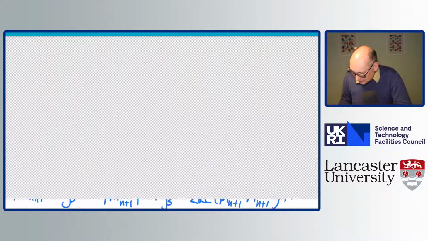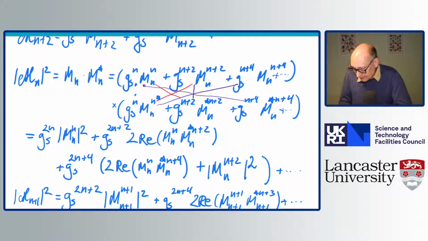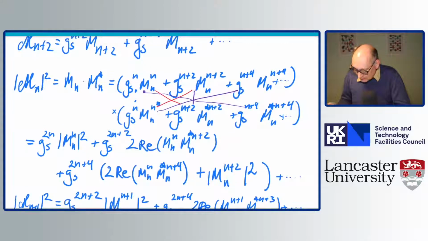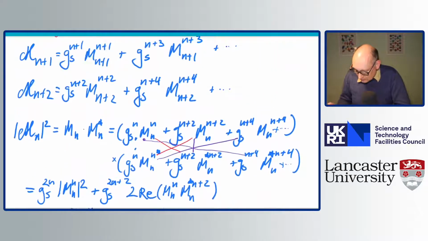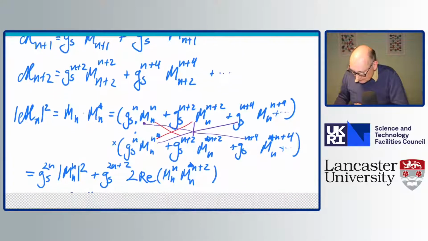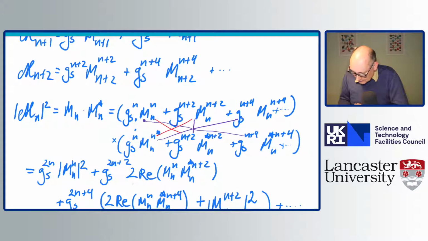Now, as indicated, if we're going to calculate the matrix element squared, then we need twice the real part of the Born level amplitude and the amplitude with one loop, with that n plus 2.